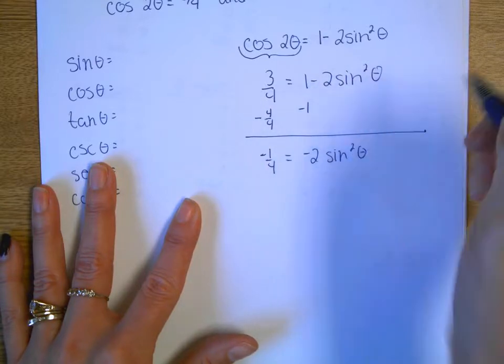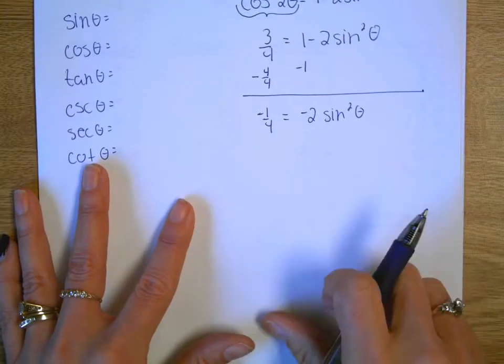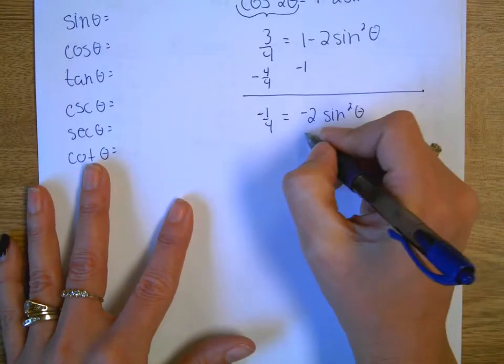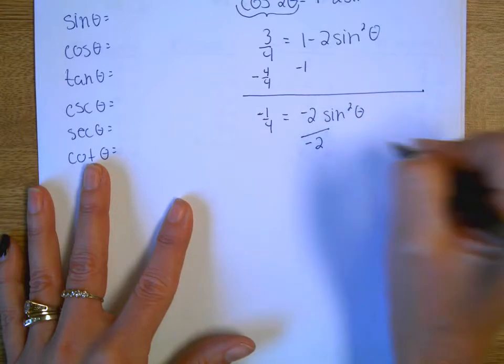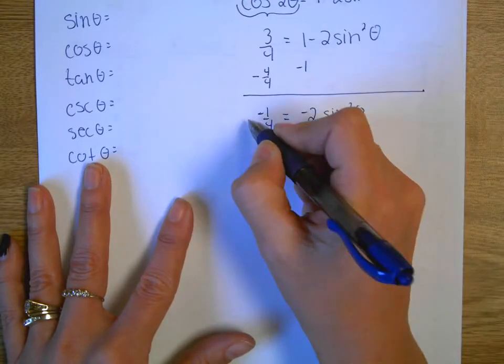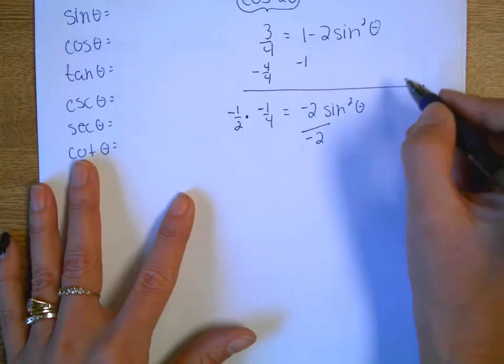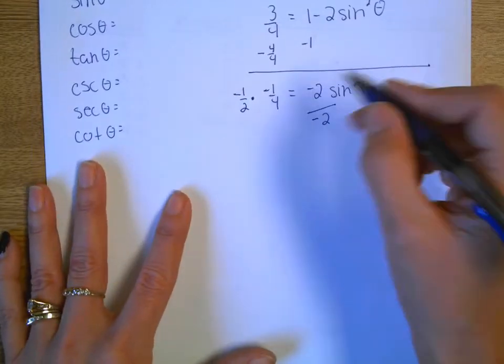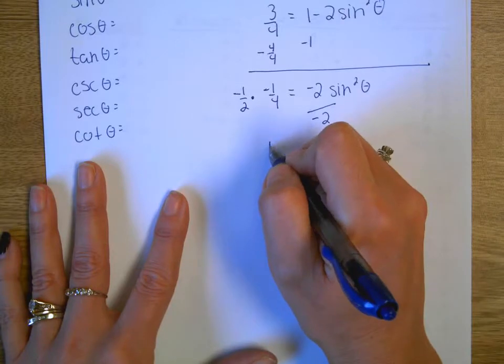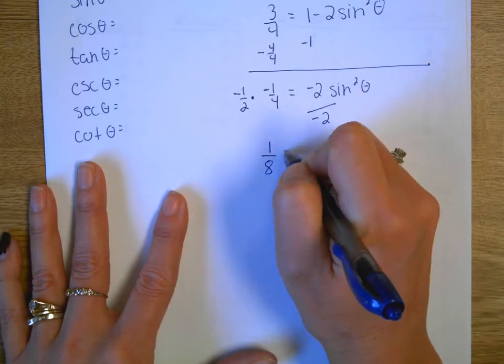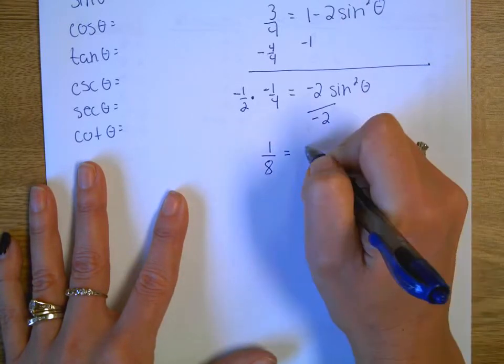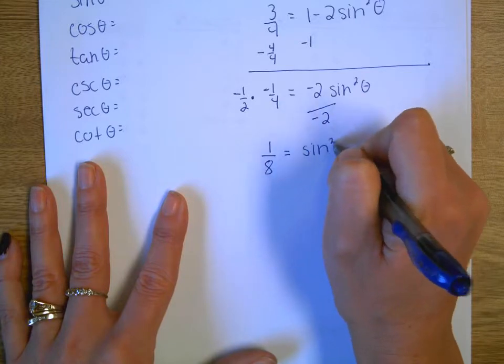Now what? Divide by negative 2. What's the same thing as dividing by a negative 2? Multiplying by a negative 1/2. What are we going to have over here? 1/8. Positive. Equals sine squared.